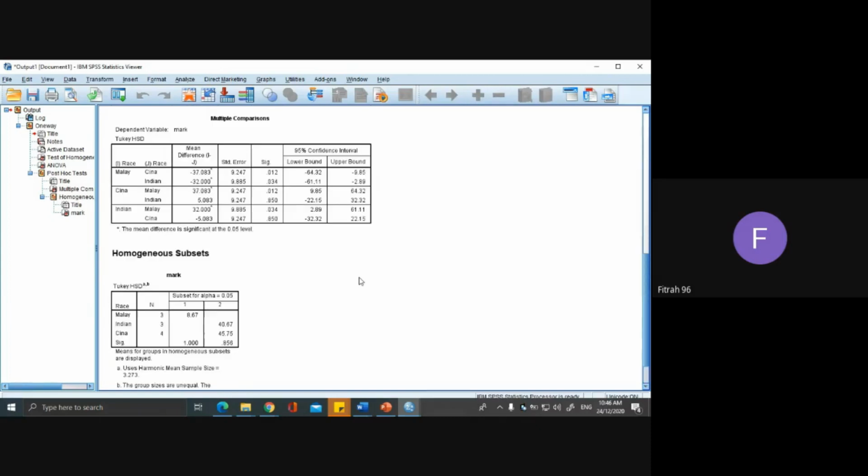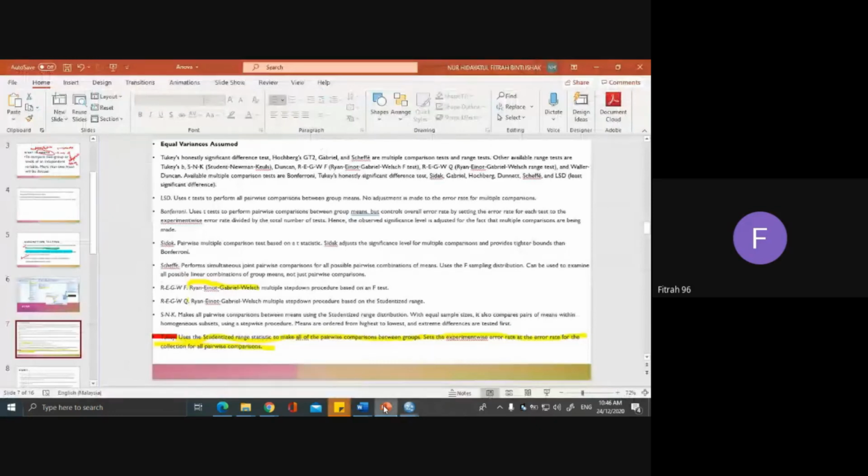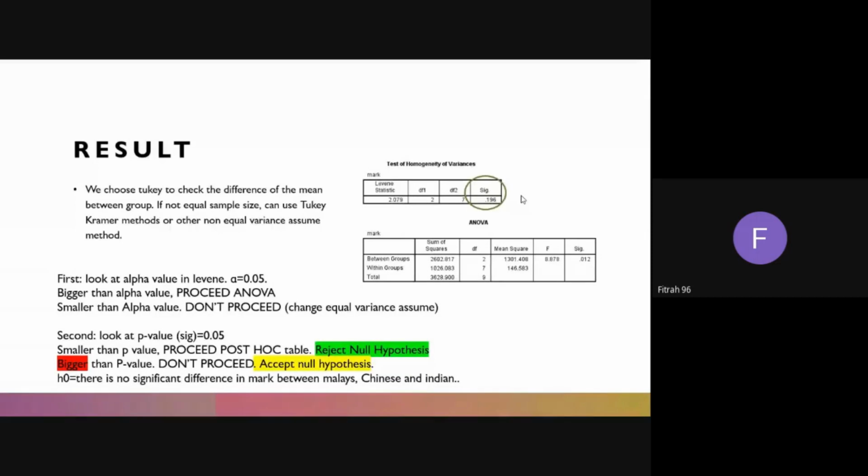Okay, so macam mana cara how you want to report this table? Okay, kita dekat sini. Ni result. First, look here. The first step adalah kita tengok sini. The Levene statistic. Okay. Nampak? Ada merah-merah ni. So, dekat Sig ni, kita akan ada 2 hypotheses dekat sini.